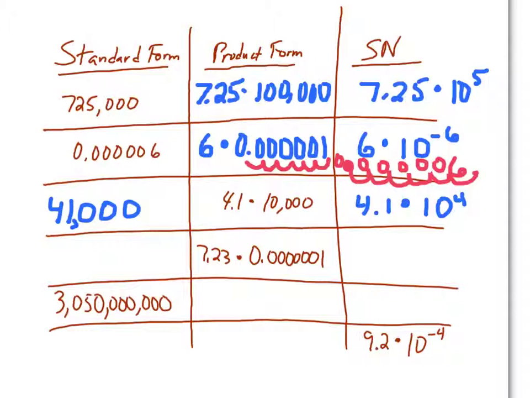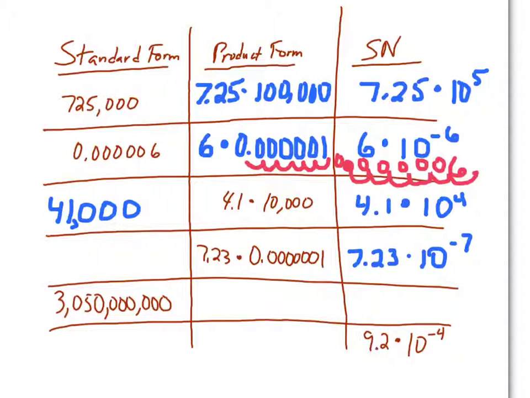Now, 7.23 times 10 to the, times 0 and I've got 6 zeros before the 1. All right, so it might be easier for me to put this in scientific notation first. So to move this decimal to the other side of the 1, I've got to go 1, 2, 3, 4, 5, 6, 7. So this would be 7.23 times 10 to the -7th.